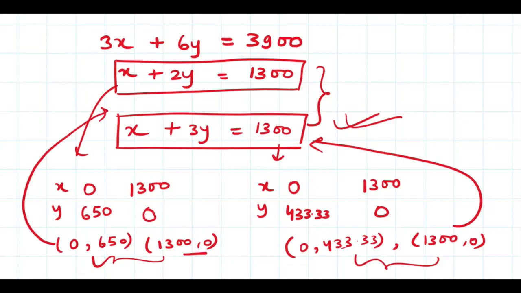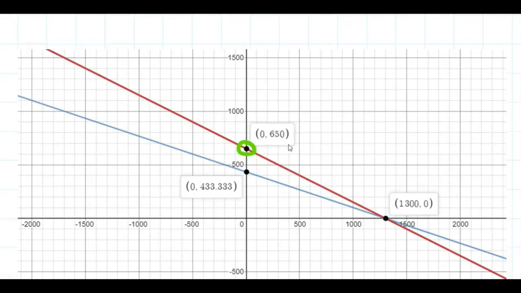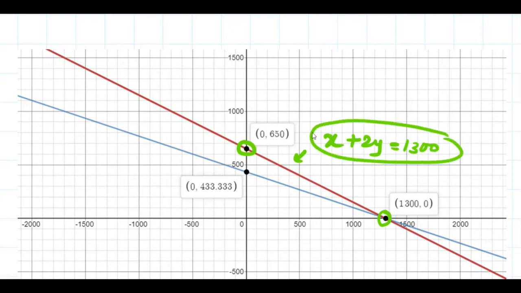So let us represent these equations on graph. Here we have the point (0, 650) and the point (1,300, 0). When we connect these 2 points, we get the red line, and this red line corresponds to x plus 2y equals 1,300. This is the line of this equation.